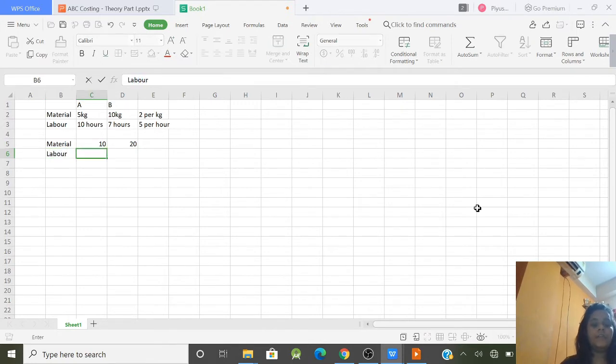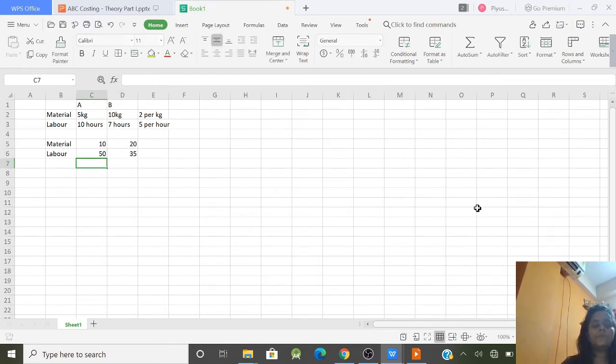Now, the labor will be the number of hours utilized for the production of each product with the rate per hour paid to the workers. So, for product A, the total wages will be 50 rupees, and for product B, it will be 35.